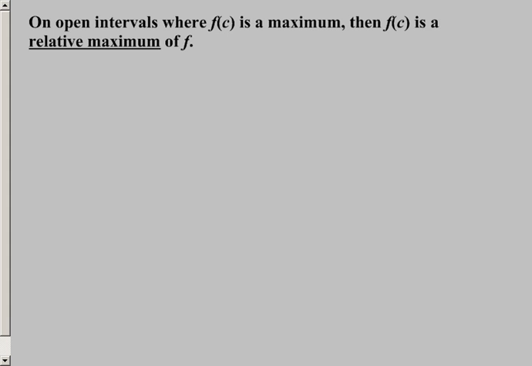On open intervals where the function evaluated at c is a max, then the function evaluated at c is called a relative max of the function. Okay, so we already saw what would be going on in the closed intervals. Now we have the open interval.